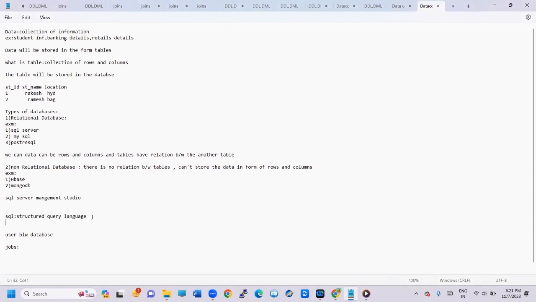If you want to retrieve the data, we can use SQL. So the SQL query language interacts between the user and the database. It will store the data and retrieve the data from the database. So what jobs are available if you learn SQL? We can become a data analyst or business analyst.